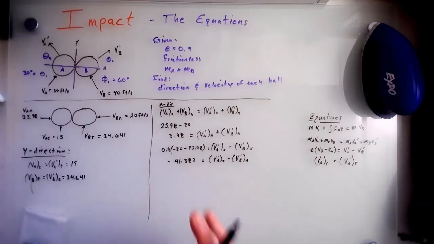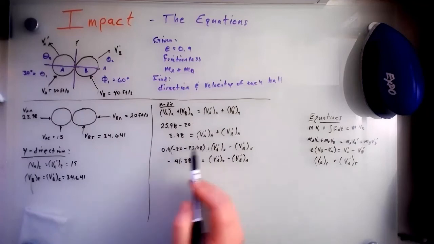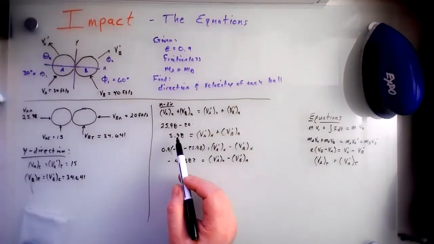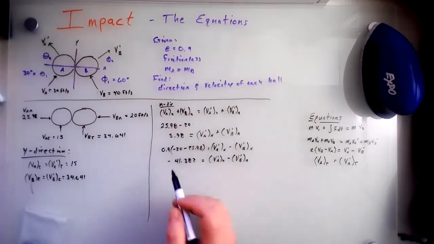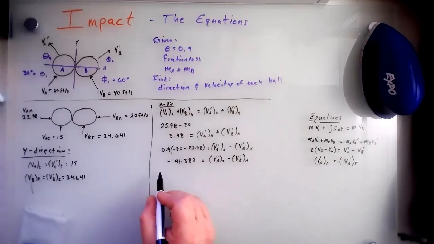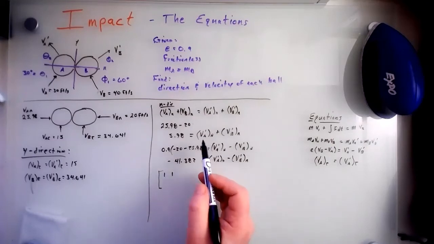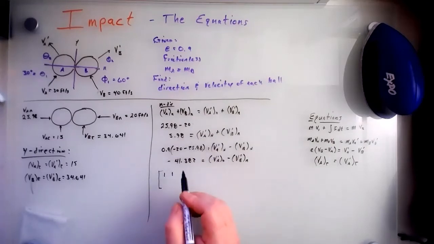I want to show you why it's a good idea right now to make sure that you can use matrix math. If we convert this to a matrix, then we put the number on the right side, right? So running it into matrix form, we get 1 and 1, the coefficient here and the coefficient there, and that's going to be equal to 5.98.